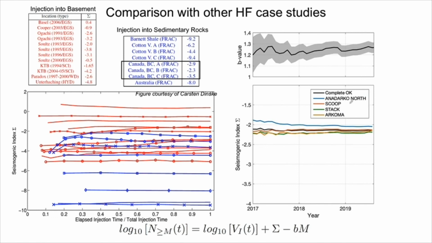How do these numbers compare to values that are widely observed in other areas? As I mentioned earlier, Shapiro's group developed the seismogenic index model to look at fracking-induced earthquakes associated with geothermal sites and other sites initially. And as time has gone on and they've done other sites, in blue we show sedimentary rocks. In red, crystalline rocks.